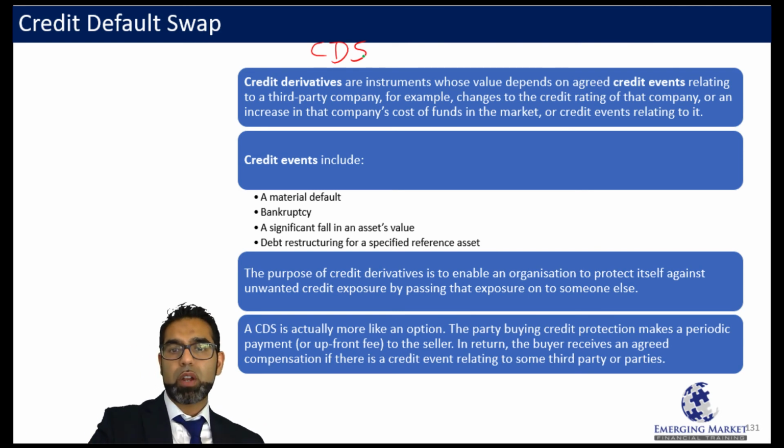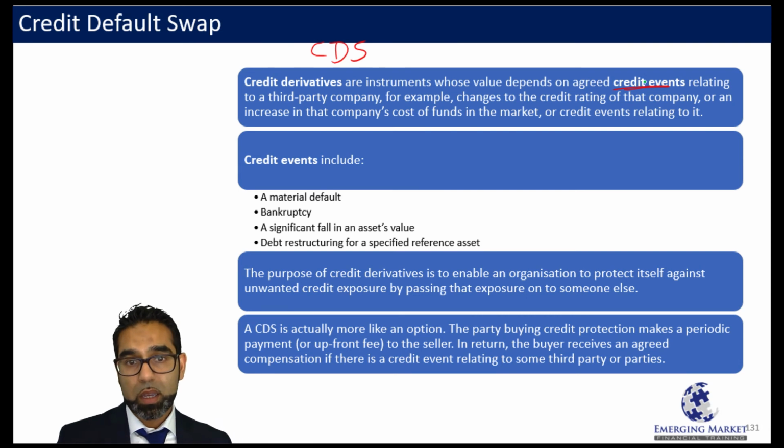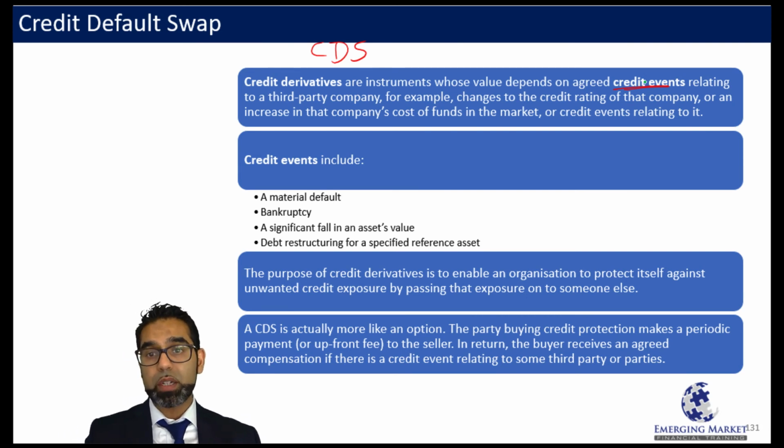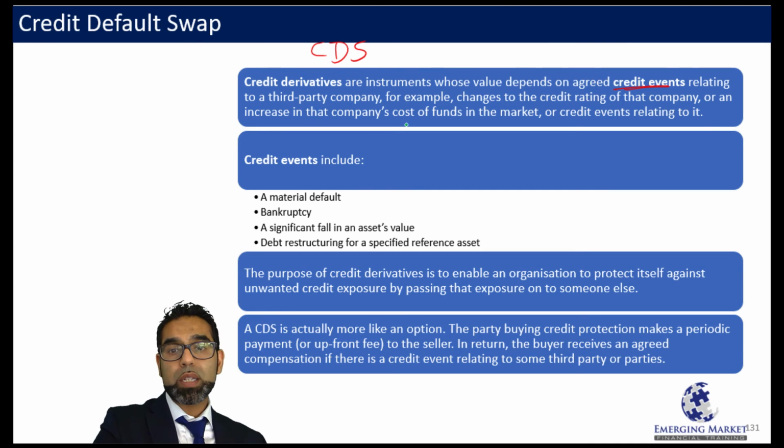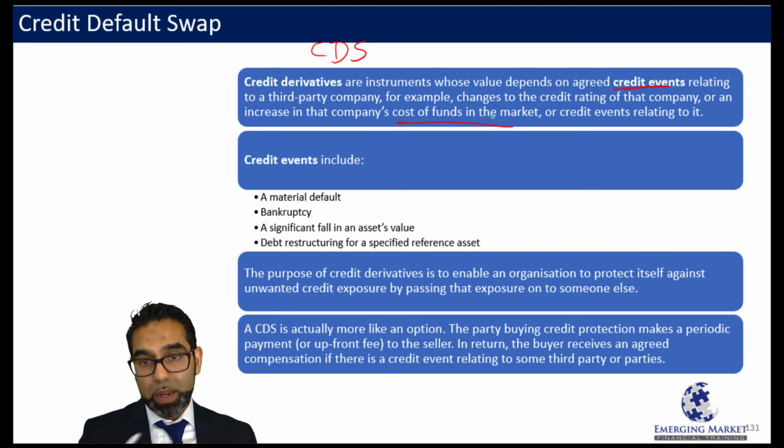Credit derivatives are instruments whose value depends on agreed credit events relating to a third party. For example, the change in a credit rating, the bankruptcy of a company filing for liquidation, okay? Or an increase in the company's cost of funds in the market, or other credit events.